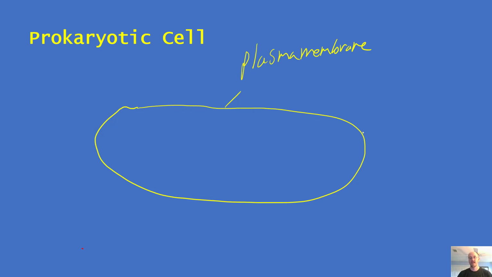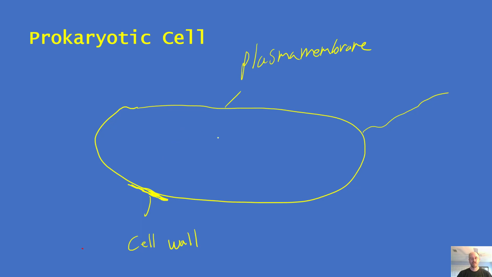It might have a flagella or something out here to help it swim. It will probably have some kind of cell wall. I'm just going to draw a little bit here. Most of them do anyway. I'm not going to draw it all the way around because I don't want to take all day. And maybe a few other things that you can learn about in future courses like microbiology.